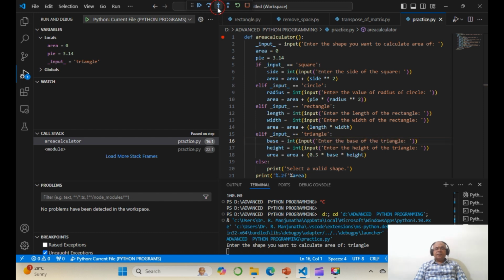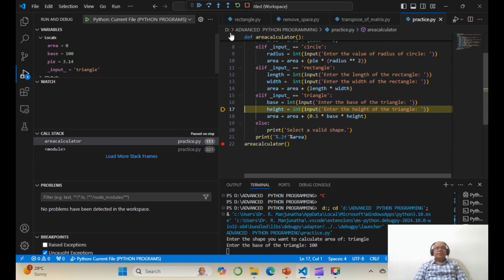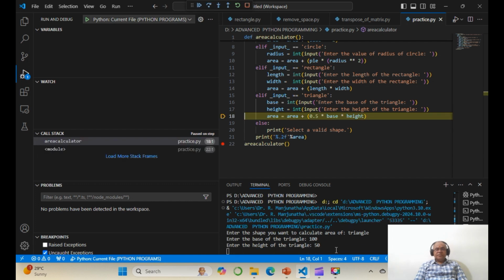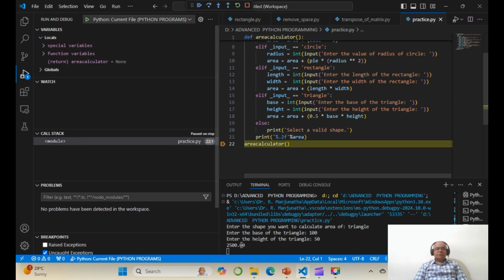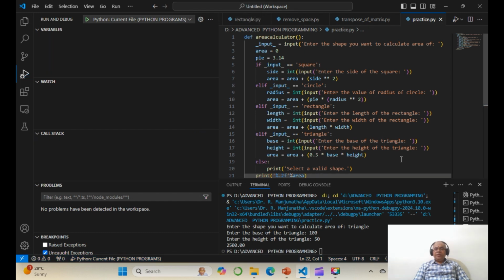Yes, it comes to this. Enter the base of the triangle, 100. Then enter the height of the triangle, 50. Then area is equal to 100 into 50 into 0.5. So area is 2500. So this is how it is executing the program to find the area of the different shapes using the Python program. Thank you.